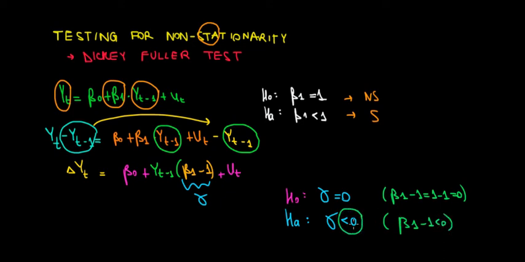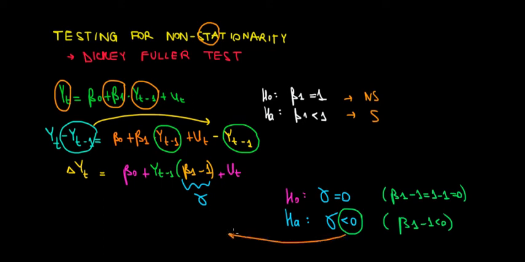That's the first thing that we need to understand about the Dickey-Fuller test. It's a one-sided test, because under the alternative hypothesis, beta 1 can only be less than 1 for stationarity. It cannot be greater than 1. So that's the criteria for stationarity. Now, what happens behind the scenes? What kind of test is this? That's a t-test.